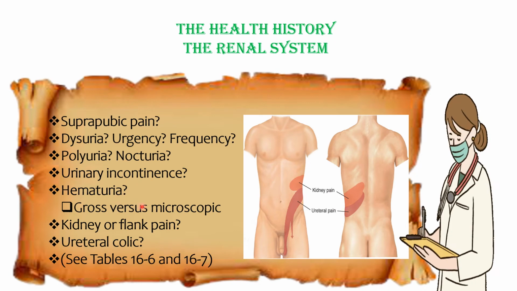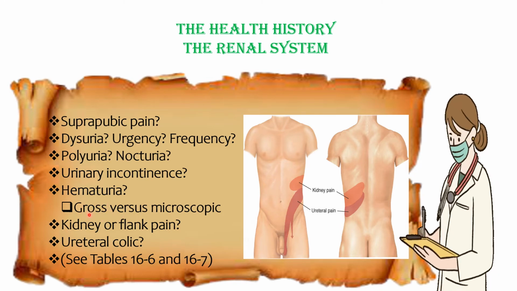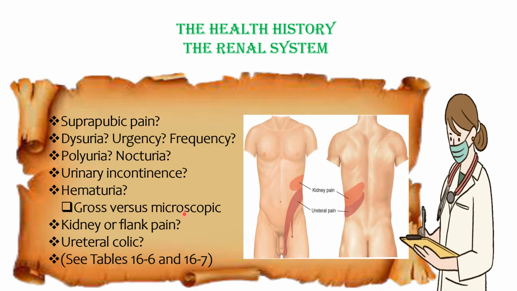Dapat this is important cause for concern. When the blood is visible to the naked eye, it is called gross hematuria. But when the blood is detected only during microscopic urinalysis, this is known as microscopic hematuria.